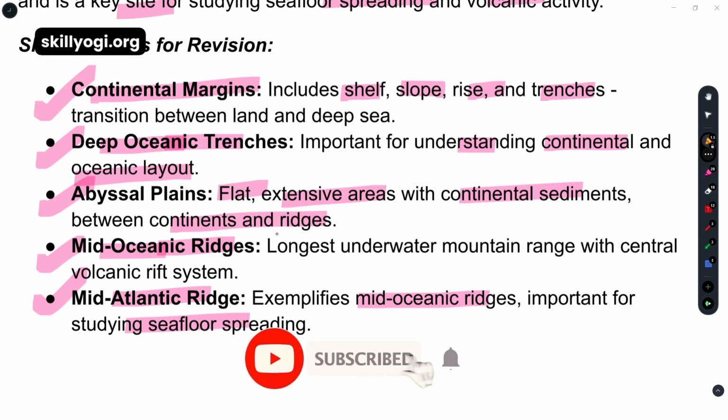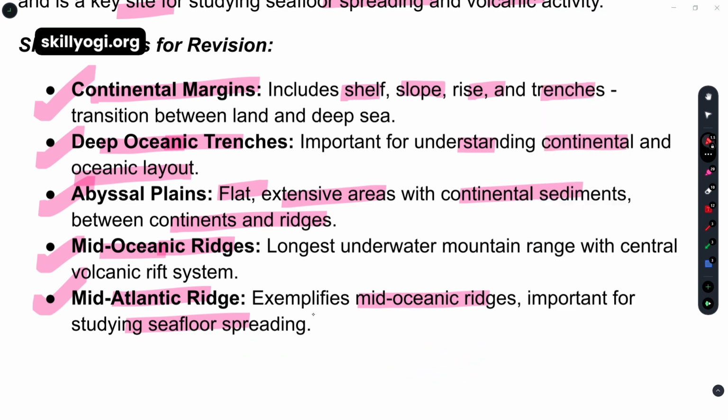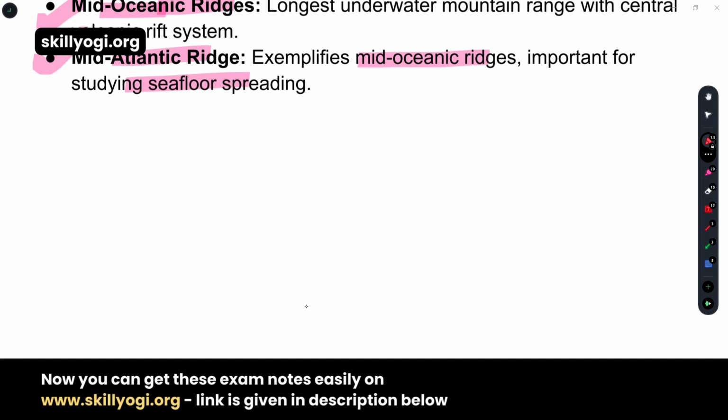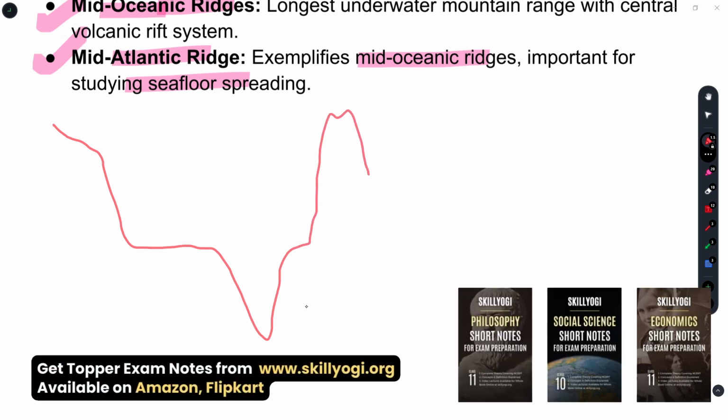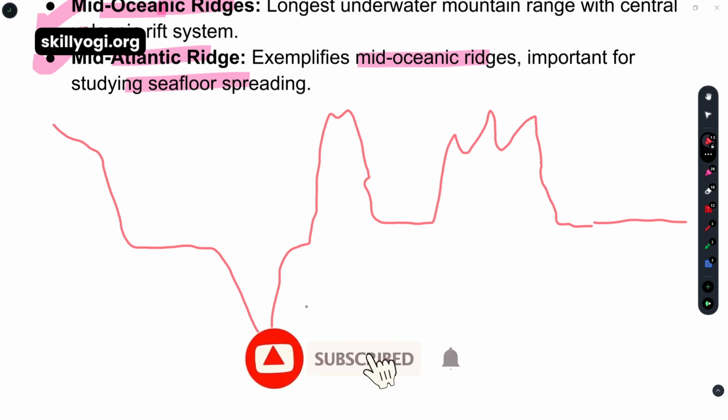Now I am drawing the diagram for the landforms you have learned, and I am marking out all the zones for your understanding. Okay, now this place is known as the mid-oceanic ridge.